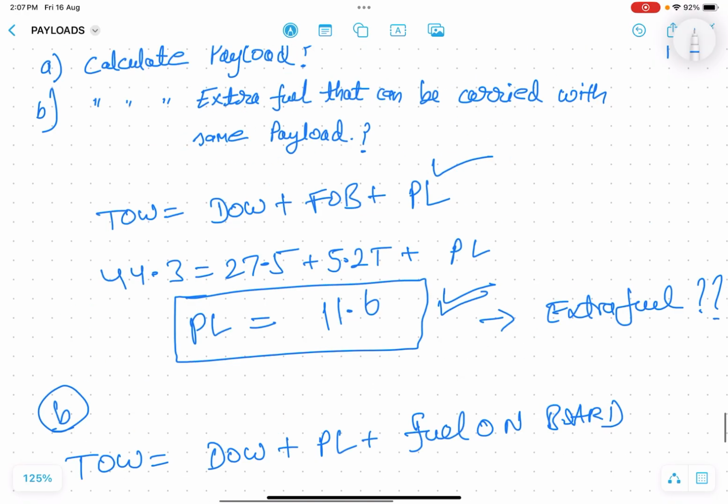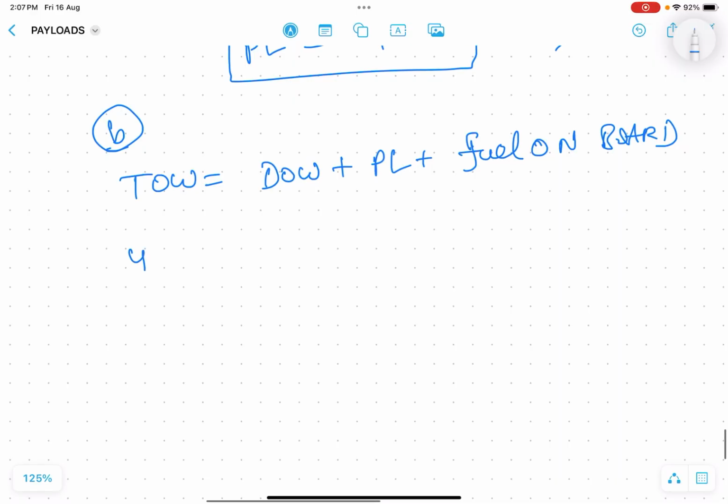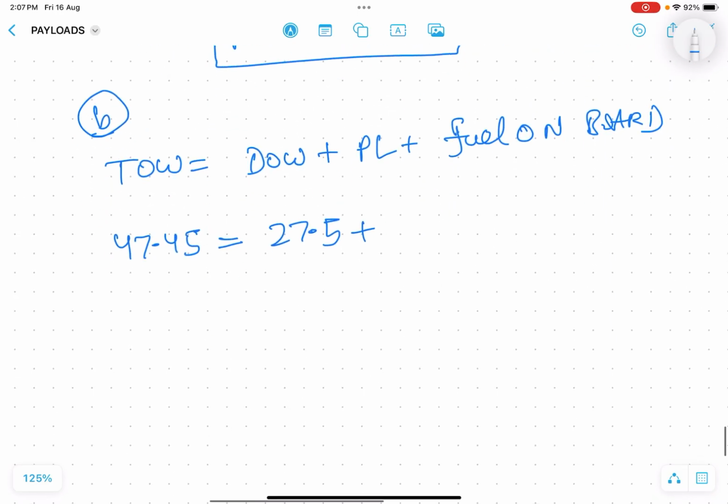Our takeoff weight was 47.45 is equal to dry operating weight was 27.5. Payload we have calculated as 11.6 plus fuel on board. So fuel on board is 8.35.